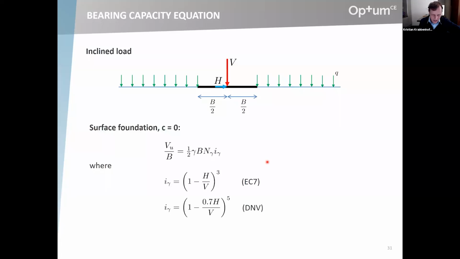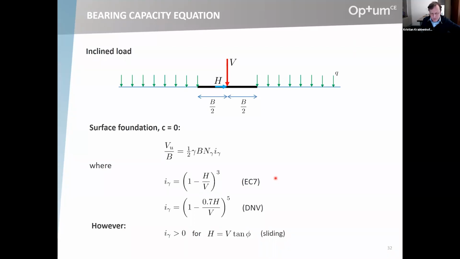The DNV guideline, it's the same kind of thing. There's a 0.7 here, and then there's a factor, the exponent is 5. The problem with these is, of course, that you have something called sliding as well. And that happens once the horizontal force is equal to the vertical force times tan phi.